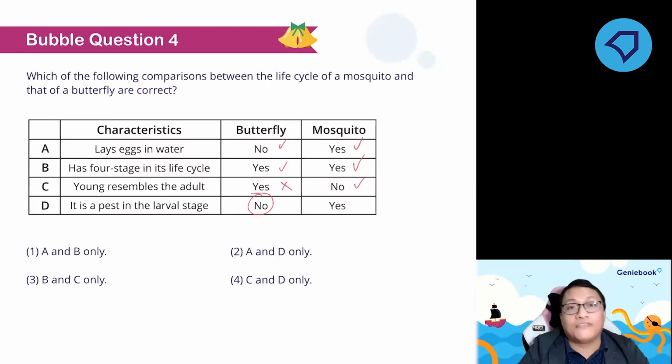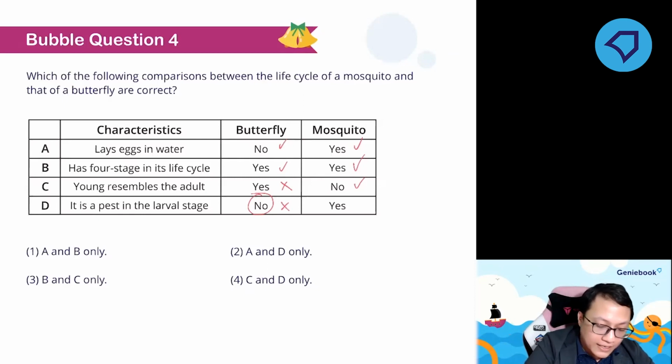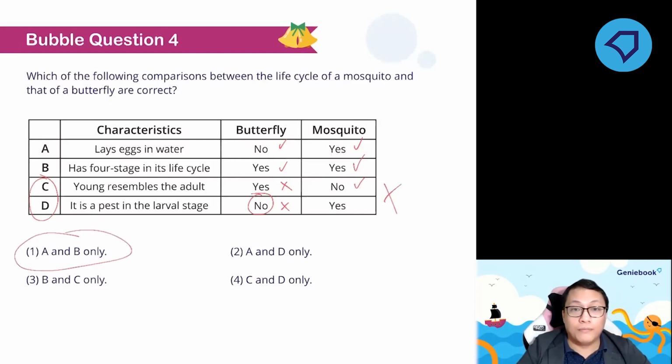The larva of butterfly eats the leaves of the crop. They can destroy the crops. So that's why they are considered pests. So this one is incorrect. So that's why C and D are out. So the correct ones are A and B.